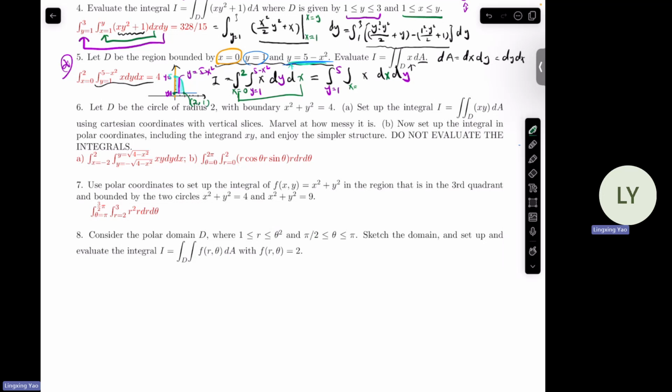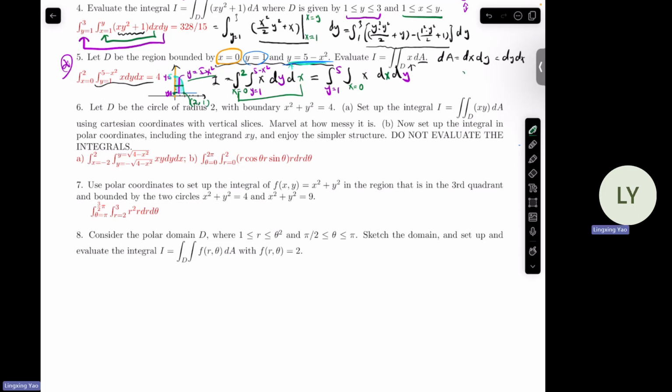x is going to start from here and stop at the curve also. So x left is starting at 0, but how about x right? For getting x right, we need to solve this in terms of x and pick the right branch.